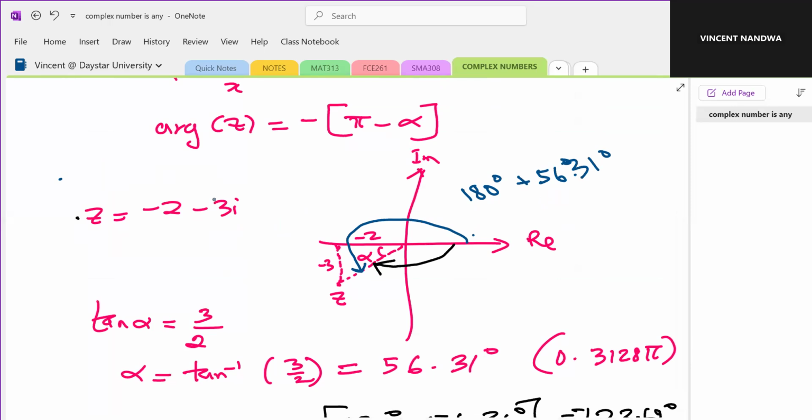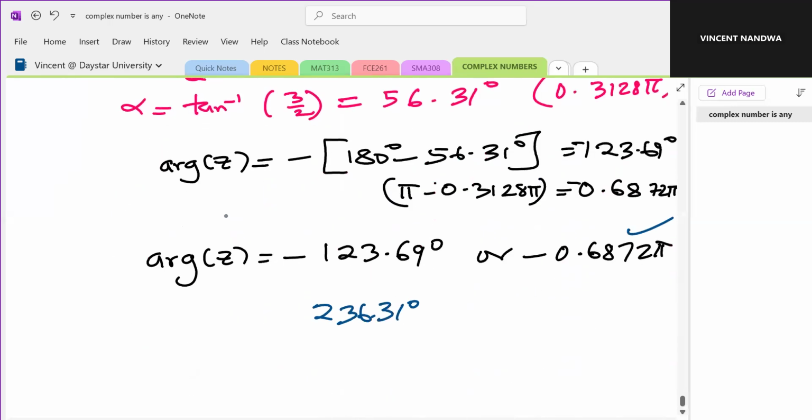Then the angle will turn out to be positive, more than 180 degrees. But when you restrict yourself from minus 180 to 180, that's why you have to measure in the negative direction, and that's why we give the angle a minus sign. So that is the third case.